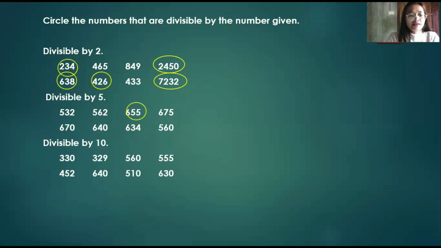Okay, we have 655. Next, 675. Next, 670. Then, 640. Then, 560. Down to divisible by 10. What numbers are divisible by 10?